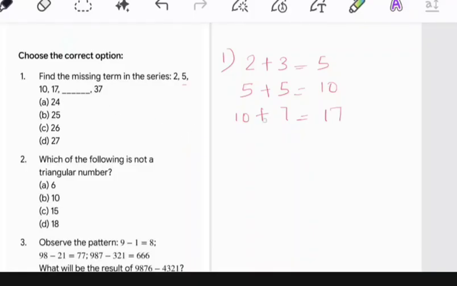So next number we have to find out. The next odd numbers are 3, 5, 7, already going in the form of odd numbers. So 17 plus 9, the next odd number is 9. So 17 plus 9 is 26. Clear? So the answer here is option C, 26.